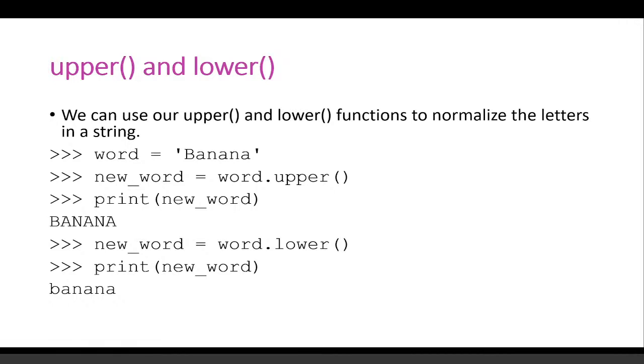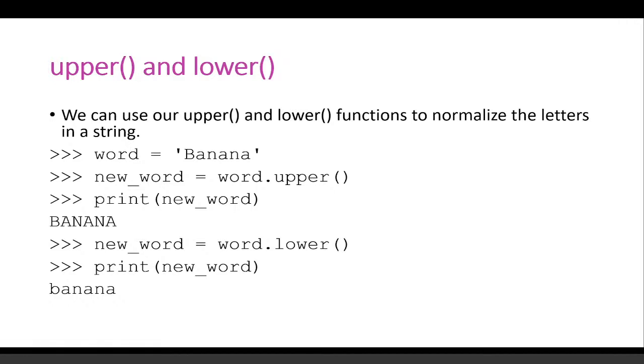So we have our word banana, and in a new word container, because we can't change it in place, because our strings are immutable, we can put into a new word variable word.upper, and that will put a string in there that would be all uppercase letters, which is beneficial. Conversely, word.lower will take that and convert it to all lowercase letters.